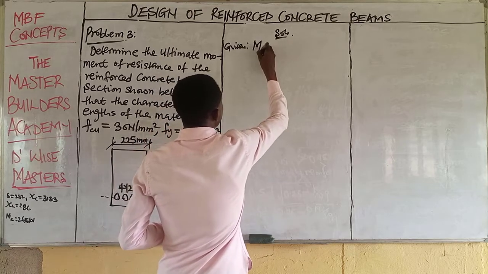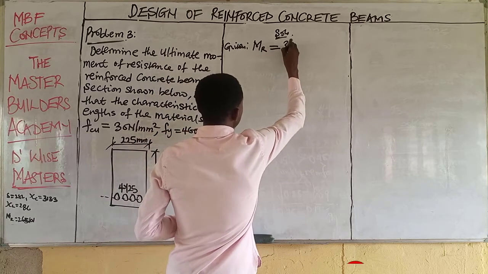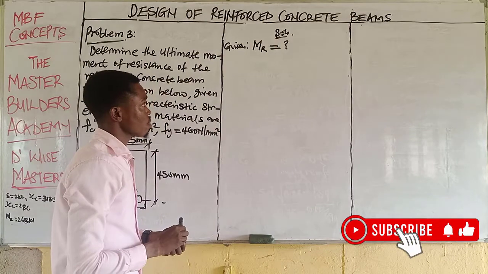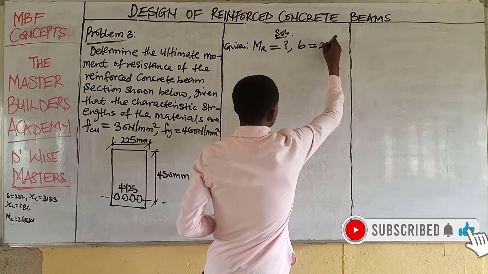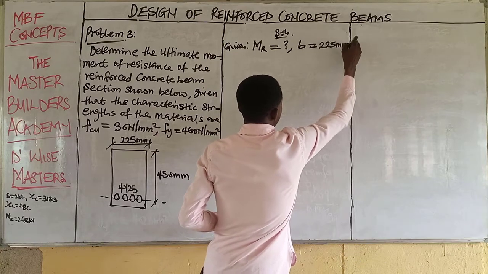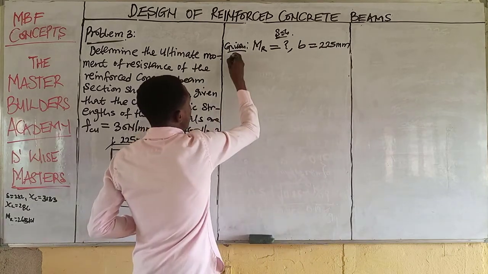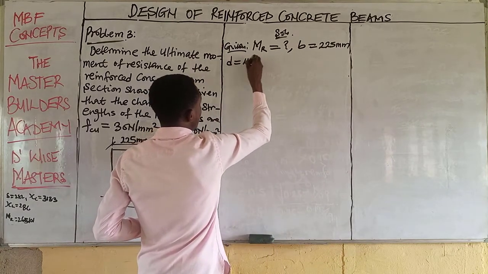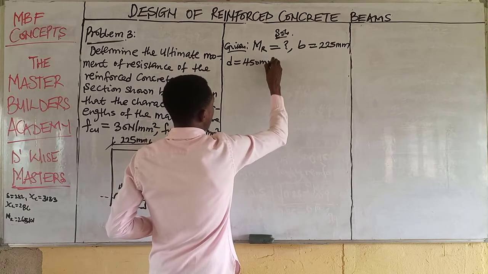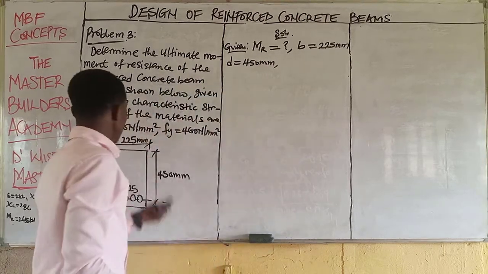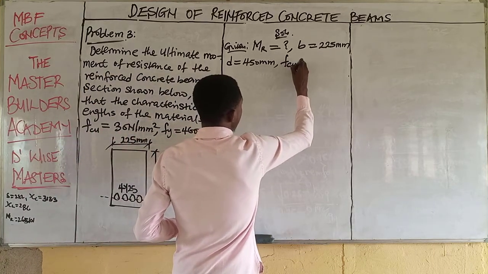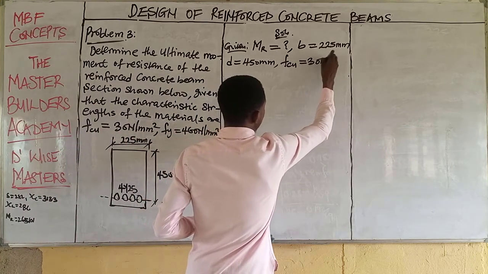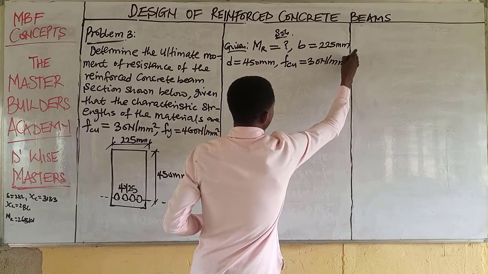Here the ultimate moment of resistance is unknown. Now the width of the section is given as 225 millimeters. The depth of the section is given as 450 millimeters. Then the strength of concrete is given as 30 Newton per millimeter squared.